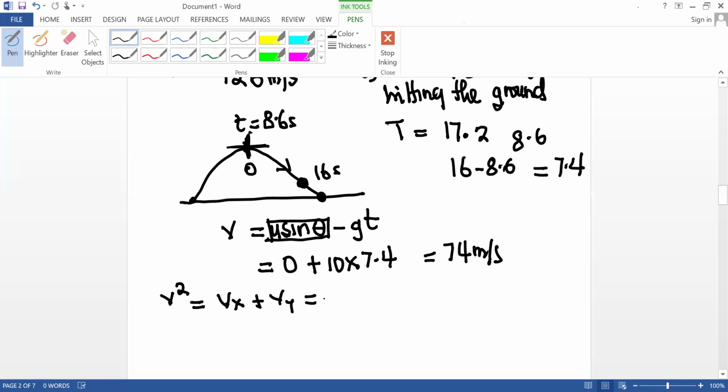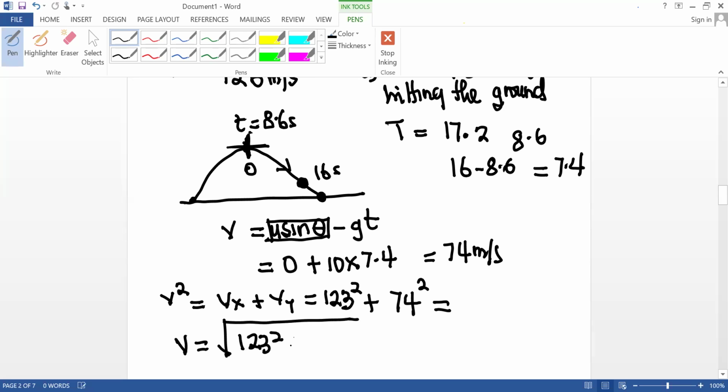Vx is 123 squared plus 74 squared. And what will be the answer? Please take the square root and everything.